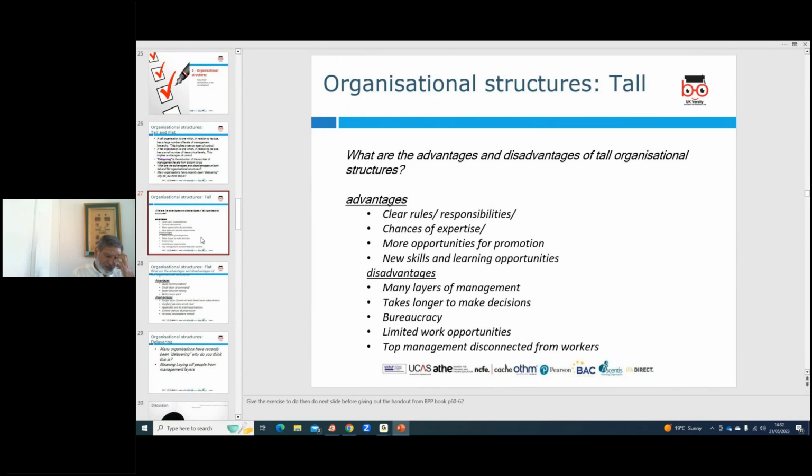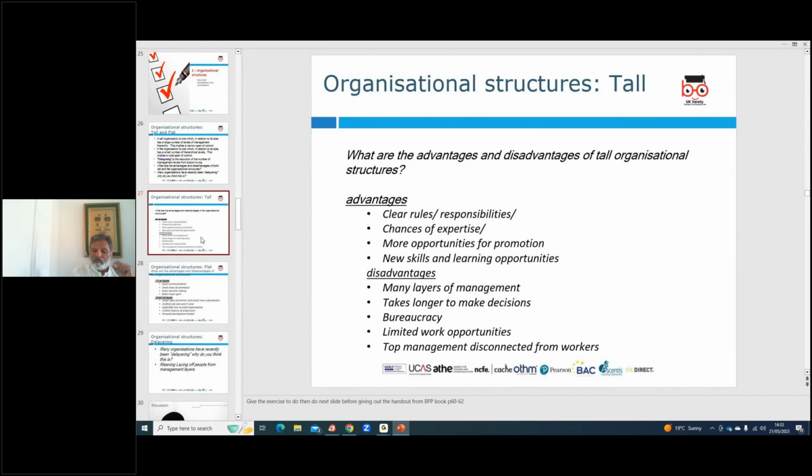For instance, tall organizations include the army, the police or the local authorities, because they have a lot of layers of management, a lot of control, a lot of responsibilities, and a lot of rules and regulations that have to be satisfied before a decision is made.